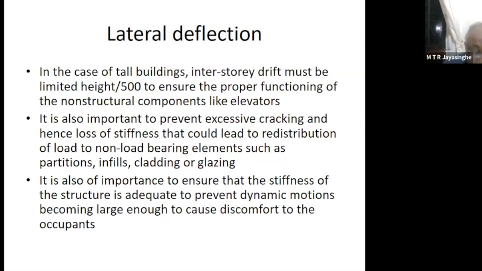Because of that, the overall deflection can be less than what you get with cantilever mode. So in the middle part of the building, you can get the highest inter-story drift, the drift between two consecutive floors. And you must look for that and ensure that it is less than height/100.